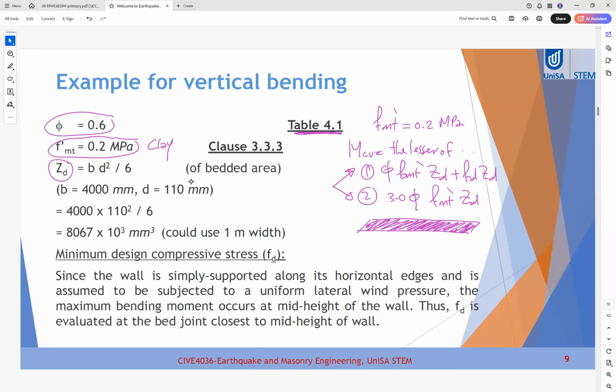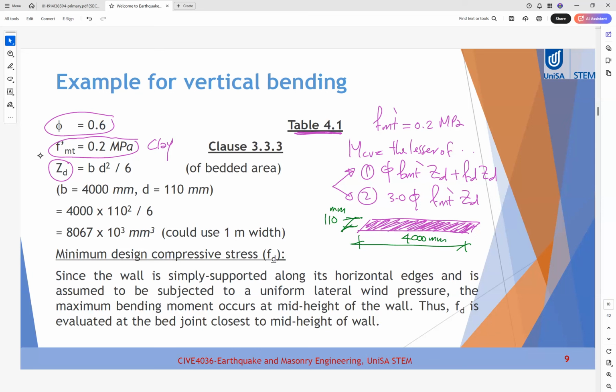So the horizontal bedding, do you know the dimension of the horizontal bedding? The horizontal bedding is equal to the thickness of the wall, which is 110 millimeter, times the whole width of the wall, which is 4,000 millimeter. So this is the resistance of the bedded area or the mortar area.